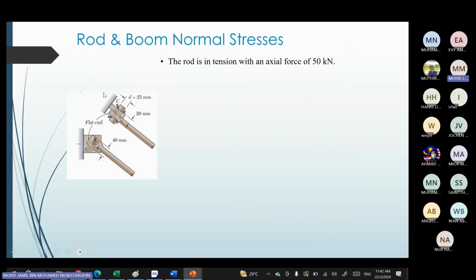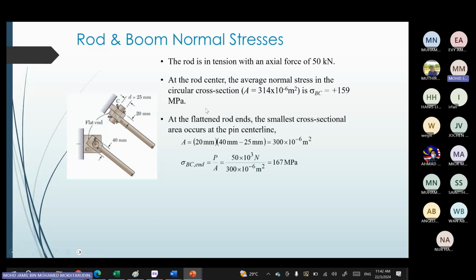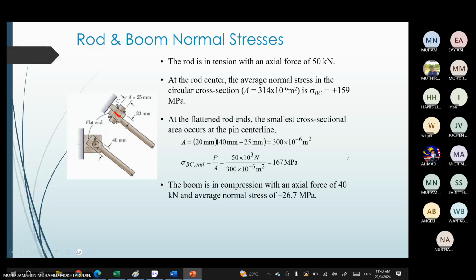So we look at the rod first. So the rod is in tension with an axial force 50 kilonewton. So at the rod center, the average normal stress in the circular cross section is 159, based on previous calculation. So at the flattened rod ends, dekat sini, the smallest cross section area occurs at the pin center line. So it is happening here, okay.